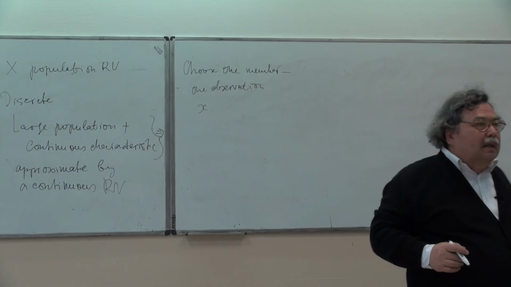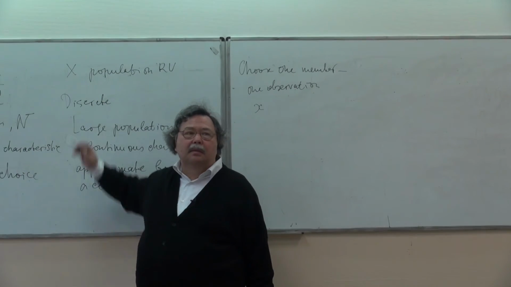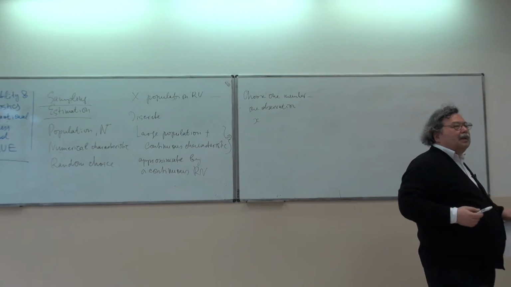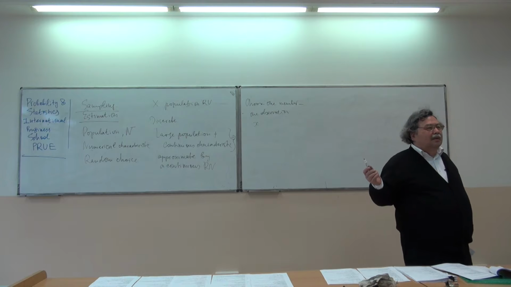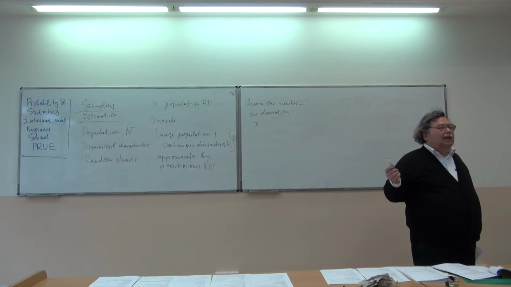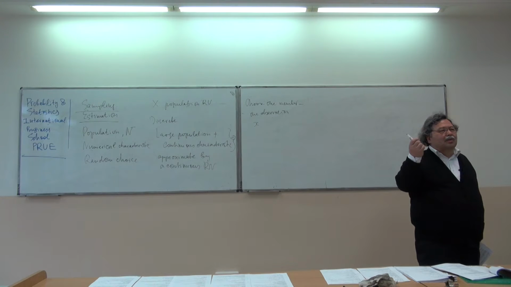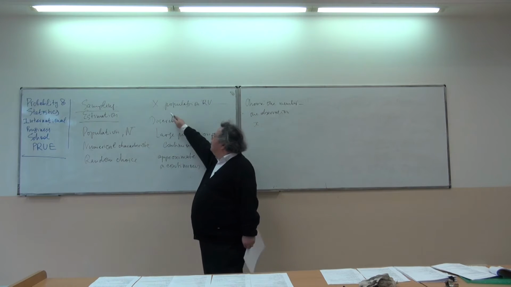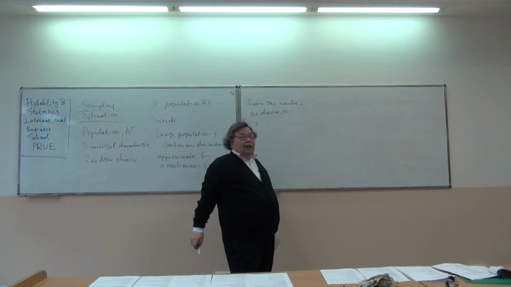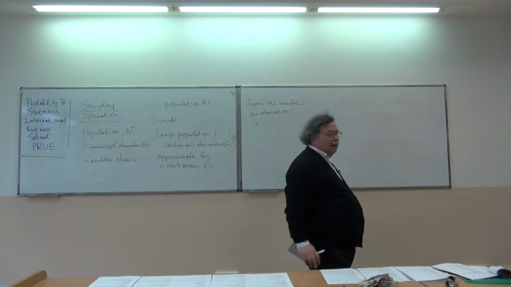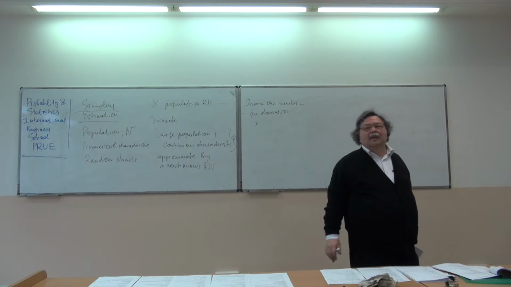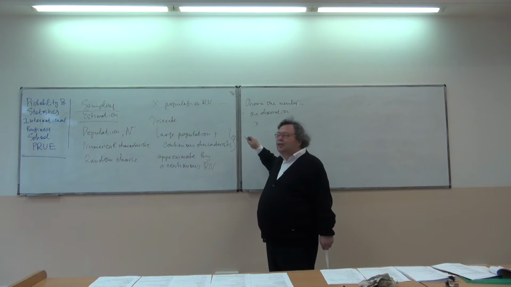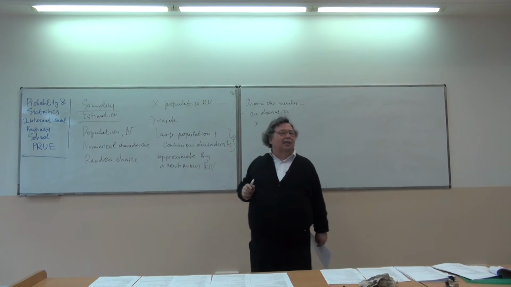Now, what can we say about x capital? Suppose we have no idea of this distribution, and we choose just one member and observe one value. Can we say anything reasonable about this distribution? Well, probably we can make this wild guess that the mean value mu is not very different from the value that we observe.